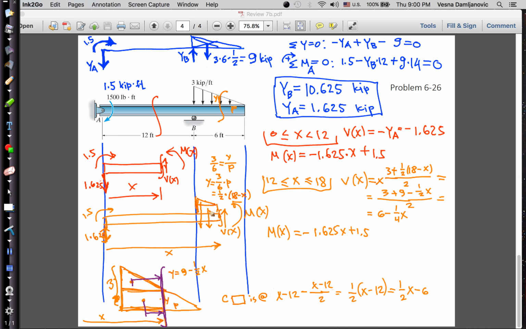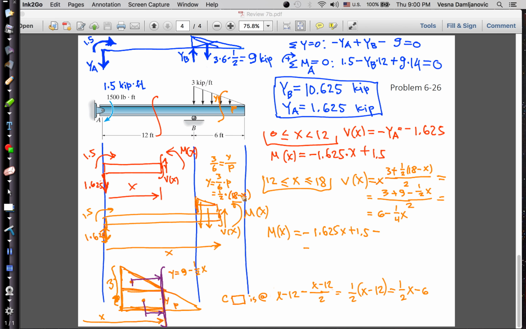So the force going down from the rectangle is the area of the rectangle times this distance. So I'm going to write here, and let me see, is it a plus or a minus? Well, it's going down on this side of the cross section, so it should be negative. So we're going to have minus the force, which is this length times the y.